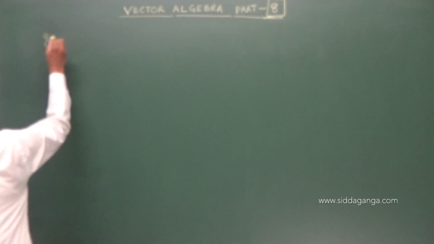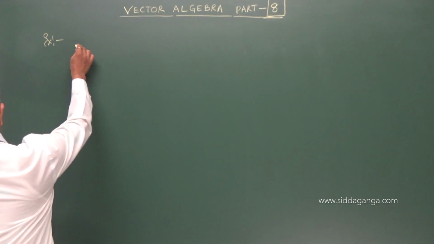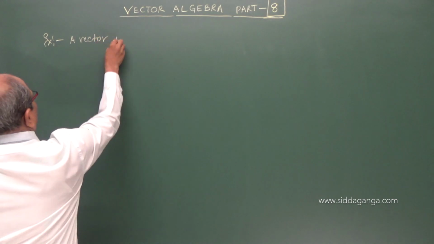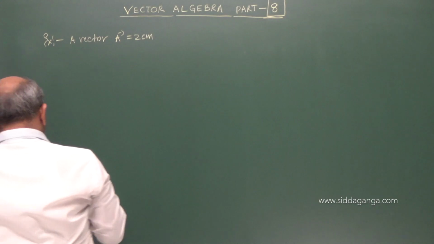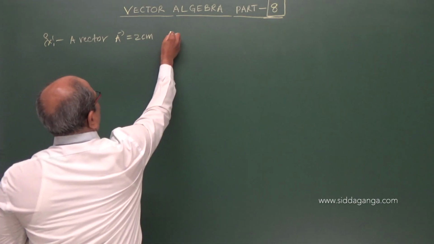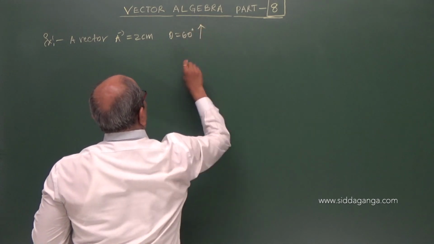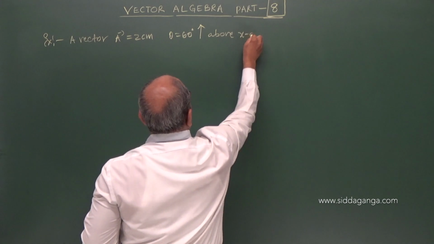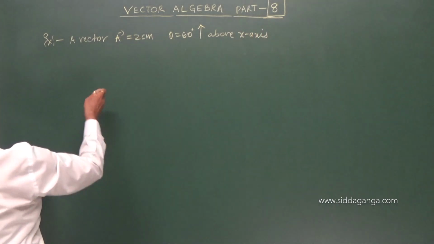Let us come to another example. You are given a vector A whose magnitude is 2 centimeter and theta is equal to 60 degree above the x-axis. It is making an angle 60 degree with respect to the x-axis upward.